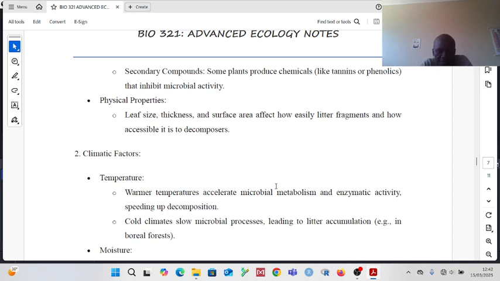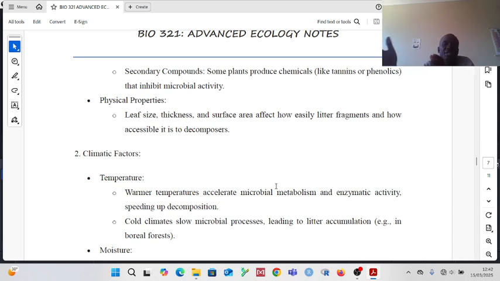microbial activity. Now, on the physical properties, things like how big the leaf size is, how thick, for example, the bark is. What about the surface area? These will affect how easily the litter fragments and how accessible it is to the decomposers.